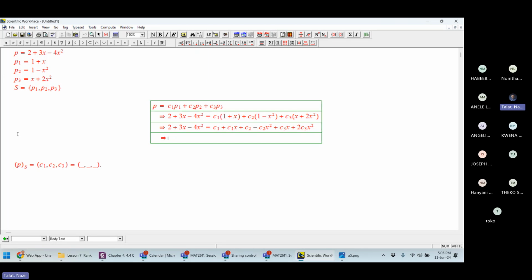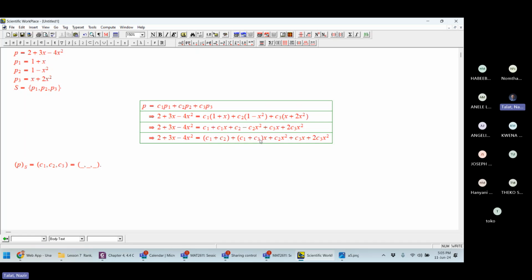We can do it in a simpler way: the constant on the left is 2, and on the right the constants without x are C1 plus C2, so we put these two together. For the x terms, if we take the common x, the rest of the entries are C1 plus C3.